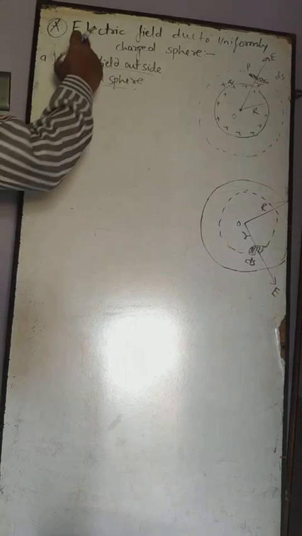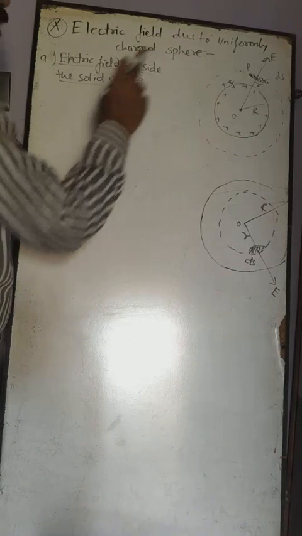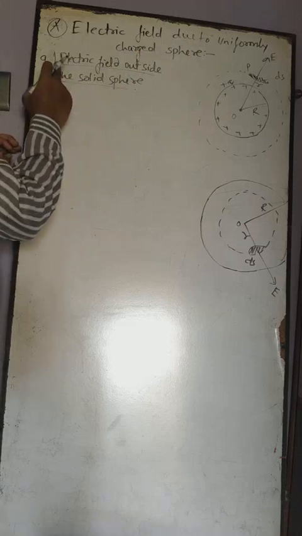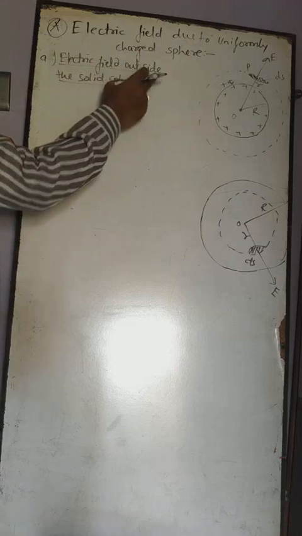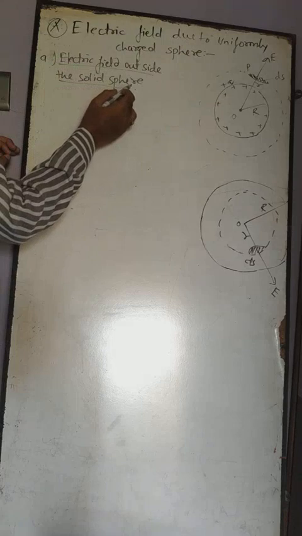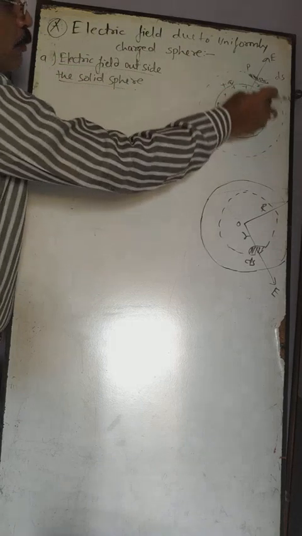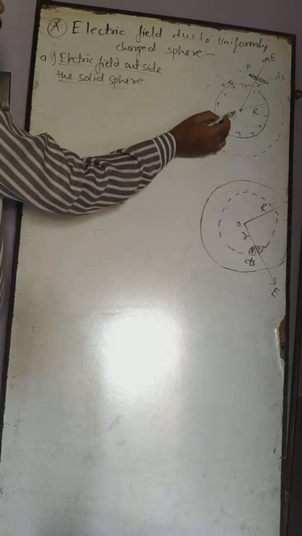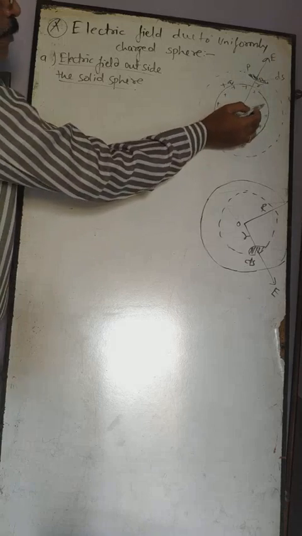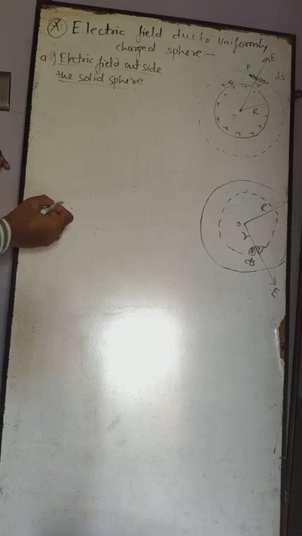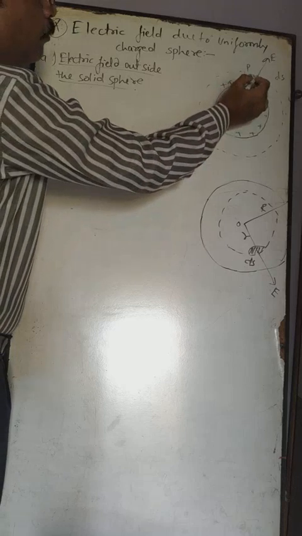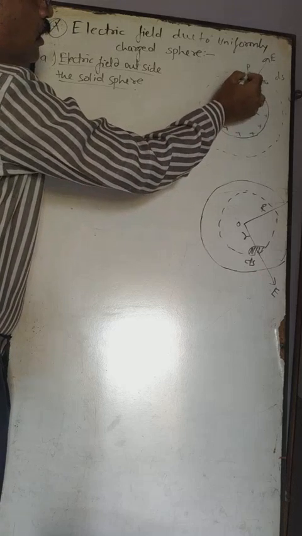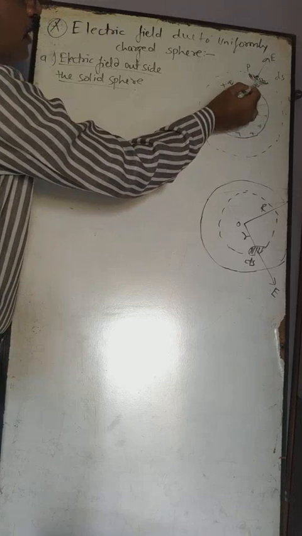Electric field due to a uniformly charged sphere. The first point is the electric field outside of the solid sphere. Here you consider a solid sphere of charge Q, where O is the center, and the sphere has radius capital R. Now take a point P at a distance small r from the center.